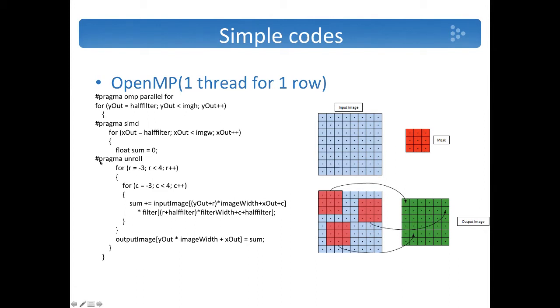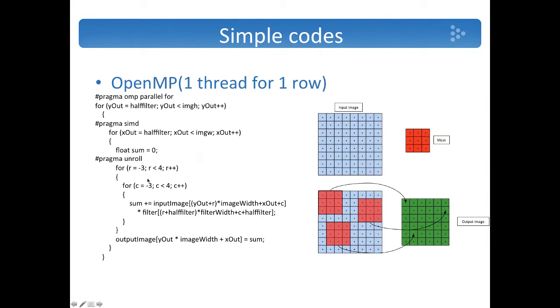There is a tricky part here, called pragma unroll. If we know the size of the kernel, we can write a constant value here, 3 and 4, because we have 7 by 7 kernels in this example, not 3 by 3. If we do know the size of our kernel, we can tell the compiler to unroll the for loop, and it will help the SIMD unit to run more efficiently.